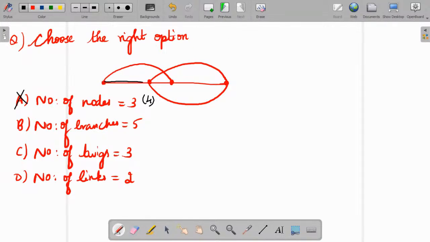So 1, 2, 3, this is the 4th branch, this is the 5th branch, and this will be your 6th branch. So total number of branches is 6. So this is also not the correct option. Next, number of twigs. Yes, how many twigs are there?